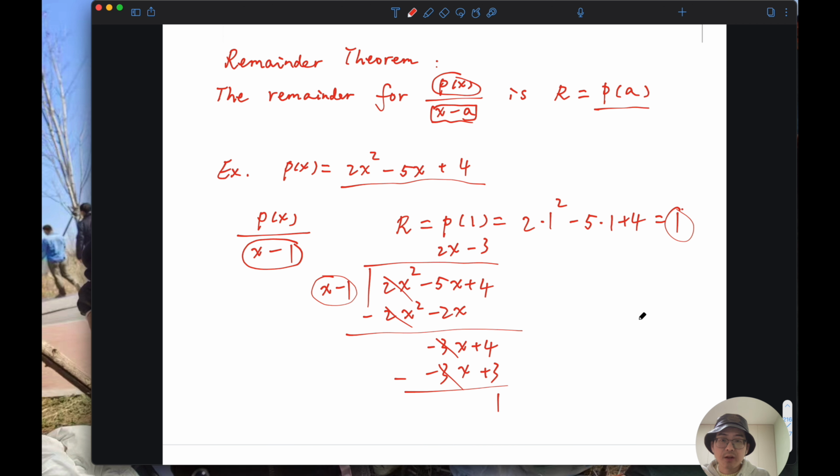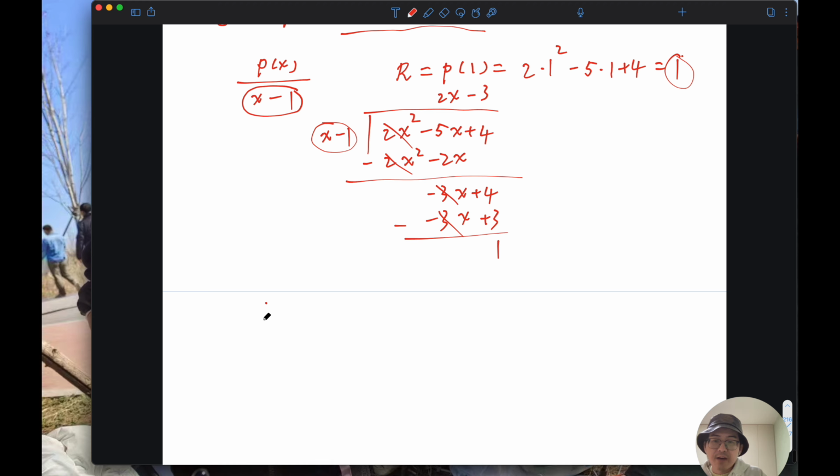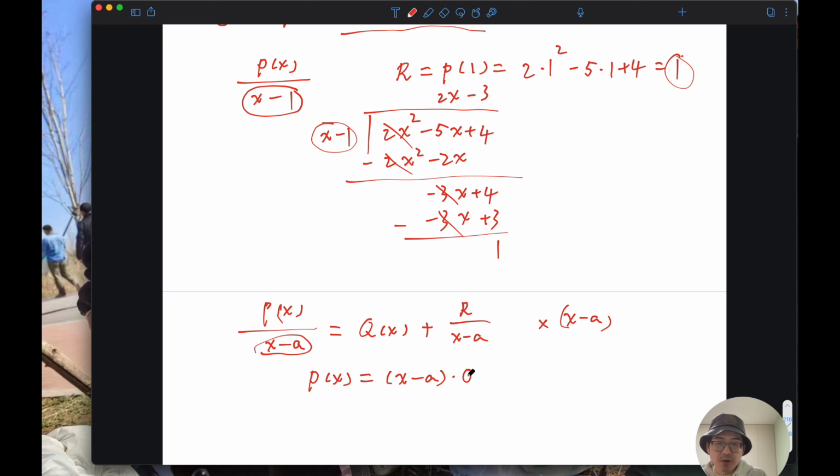Actually, we can use long division to explain why we have this remainder theorem. For example, if I have p of x divided by a linear expression x minus a, by using long division, I will get a quotient part and also a remainder part. Now, if we multiply both sides of the equation by the denominator x minus a, we can rewrite this equation as p of x equals x minus a times q of x, plus r, which is the remainder.